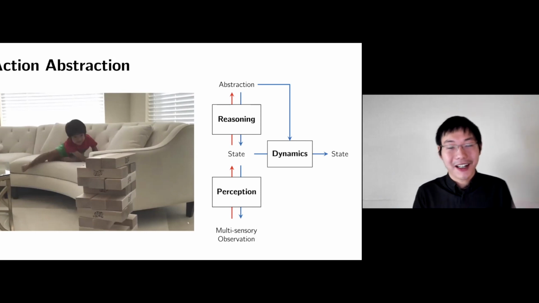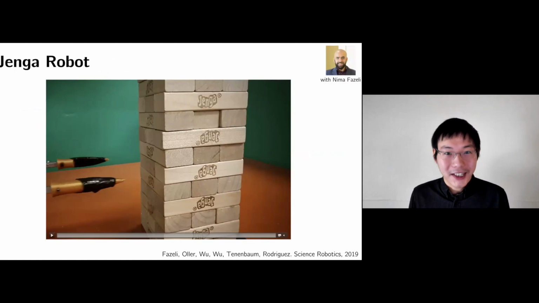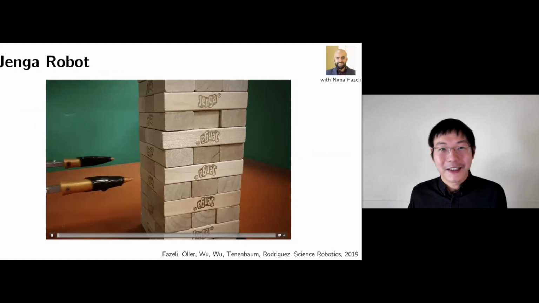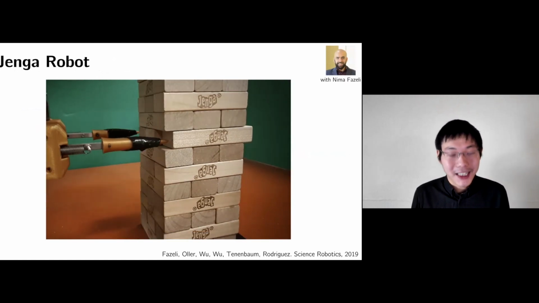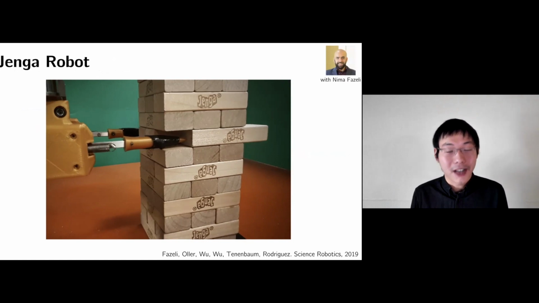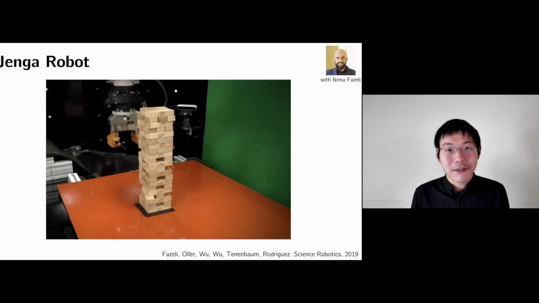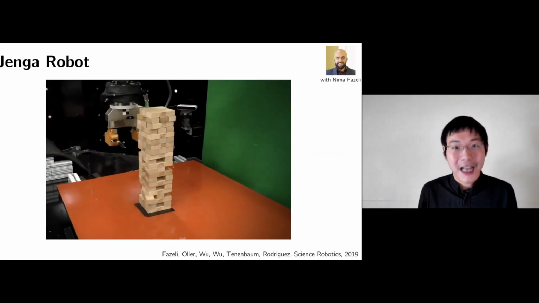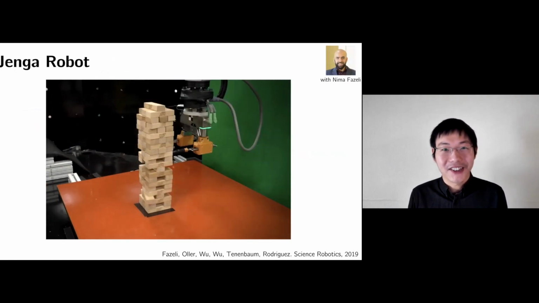Okay, at a very abstract level, and I think this is pretty high level given the time constraint, but really by building upon this idea of discovering states, discovering actions, and building a conditional dynamics model, we're able to build this Jenga robot, which is really trying to play the game of Jenga using many aspects of human inference, using vision and touch to feel whether a block is pushable or not, discovering the action abstractions, and learning a dynamics model for different types of blocks and different types of actions, to predict what's going to happen, and to really play the game of Jenga with this robot, but play it like a young child.